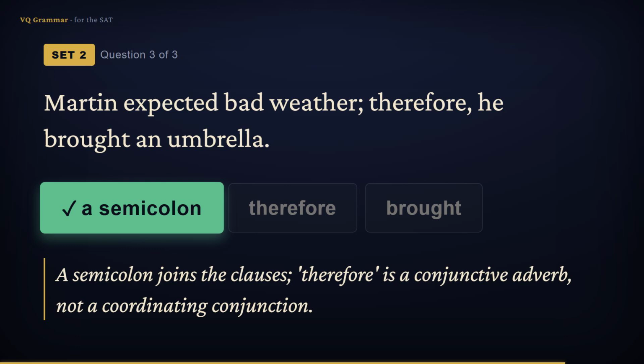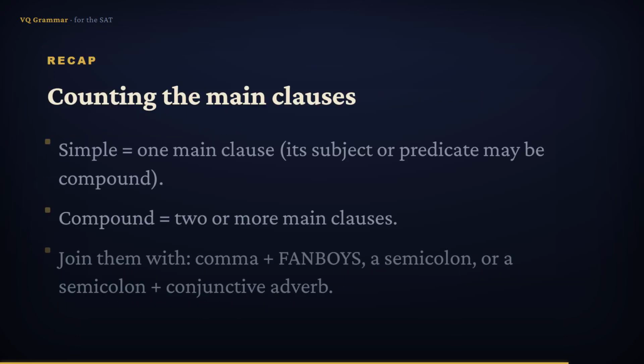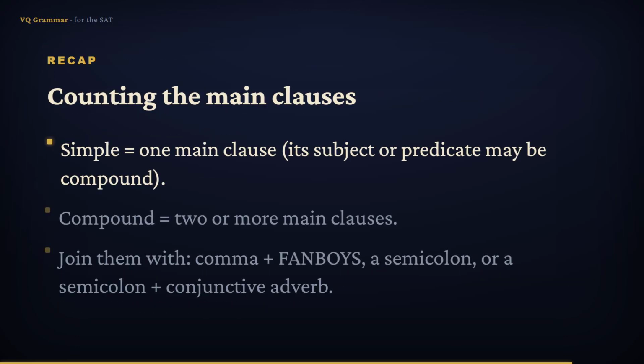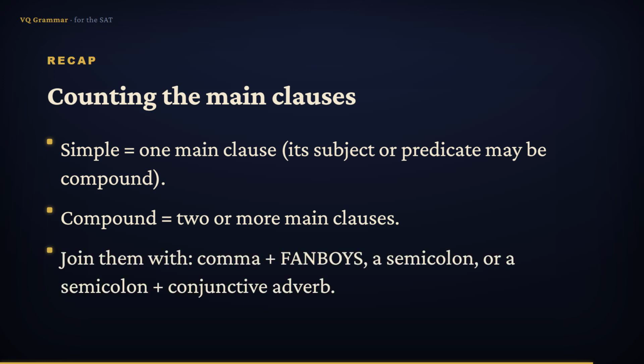Let's bring it together. A simple sentence has one main clause, even if its subject or predicate is compound. A compound sentence has two or more main clauses. You can join those clauses three ways: a comma plus a coordinating conjunction, a semicolon alone, or a semicolon plus a conjunctive adverb.